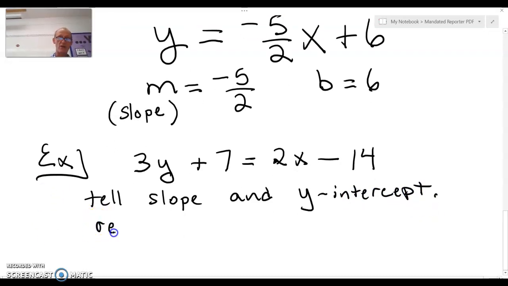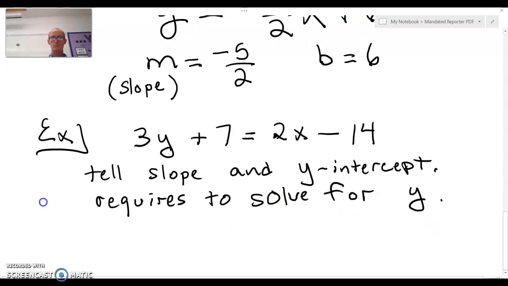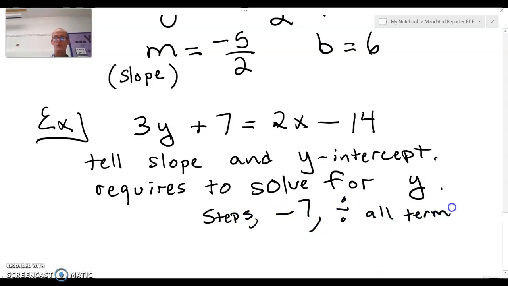Now this requires you to solve for y. So I'm going to subtract 7 and then divide all the terms by 3.